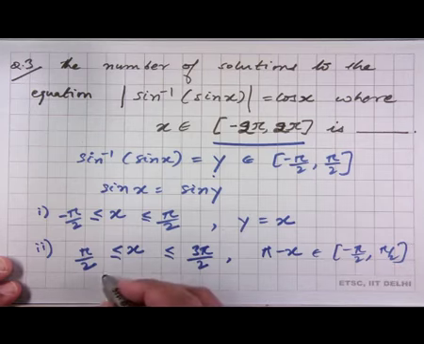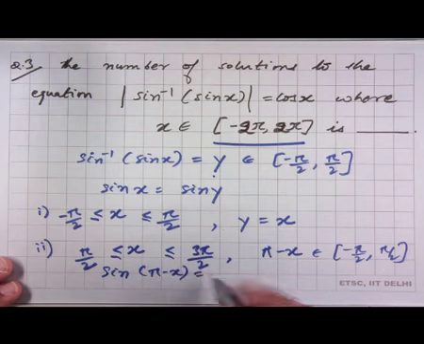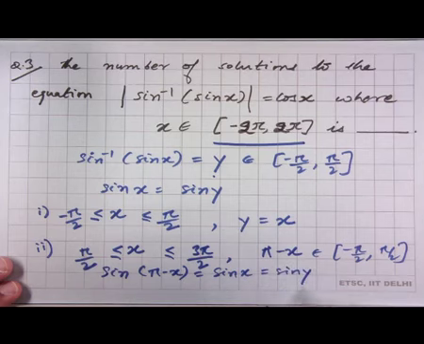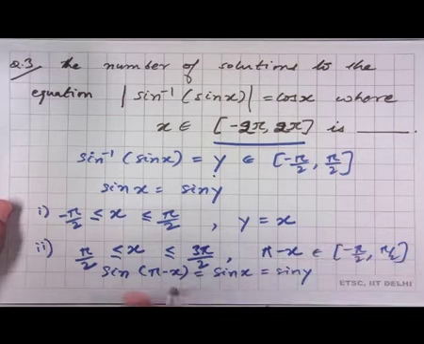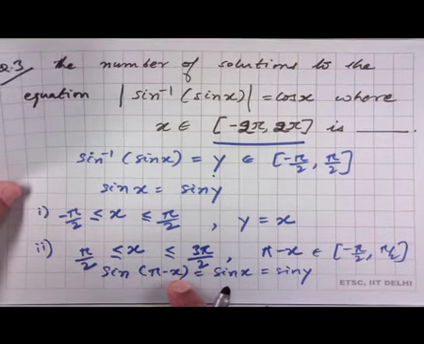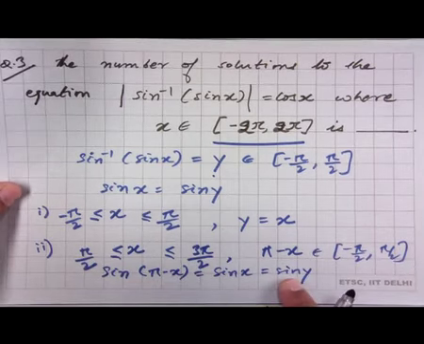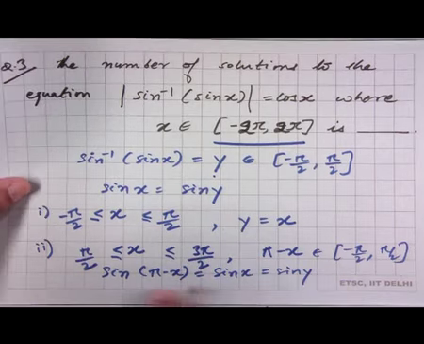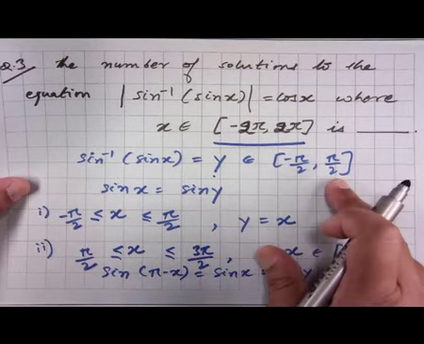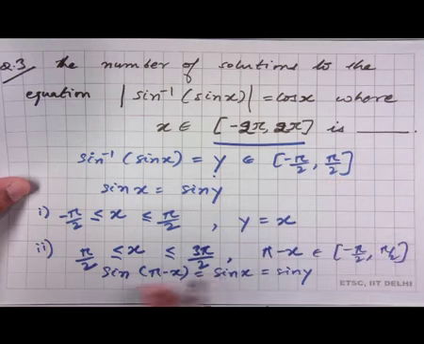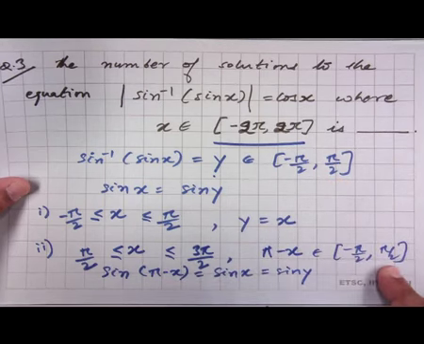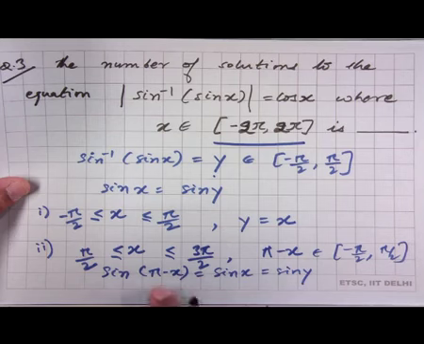And further we know that sine of pi minus x is equal to sine of x, which is equal to sine of y. So sine of pi minus x is equal to sine y, and y is already belonging to minus pi by 2 to plus pi by 2. Pi minus x is also belonging to this interval, and therefore, it must be true that pi minus x is equal to y.